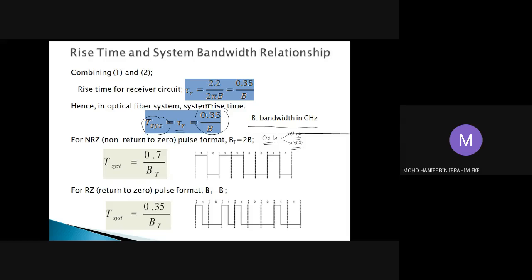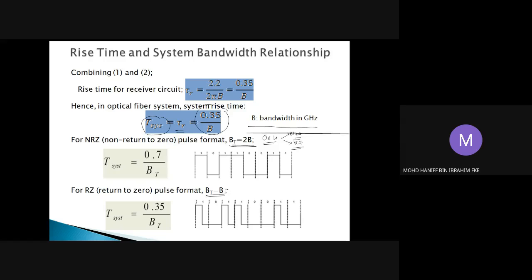For the NRZ, we can write that the bit rate for the NRZ system shall be equal to 2 times the bandwidth, 2 times the bandwidth. Whereas for return to zero, the bit rate shall be equal to the bandwidth itself. Okay, so this is the diagram that shows the difference between NRZ and RZ.